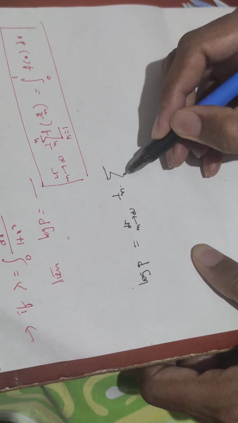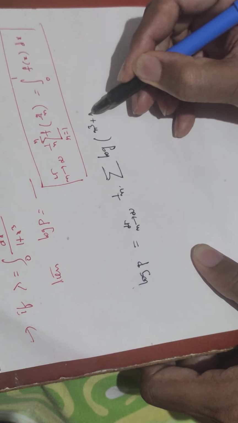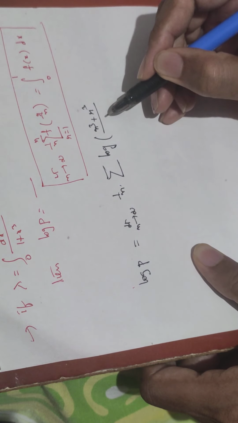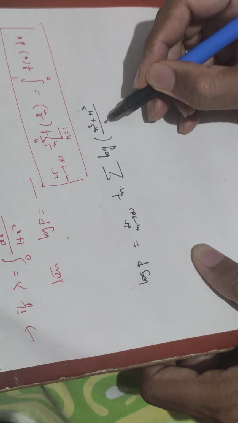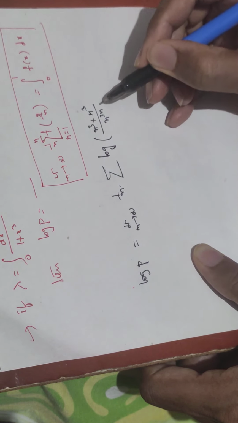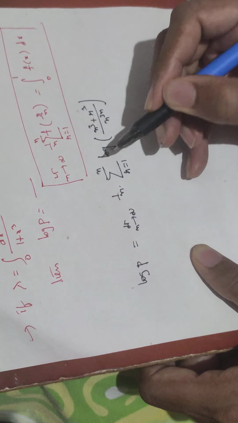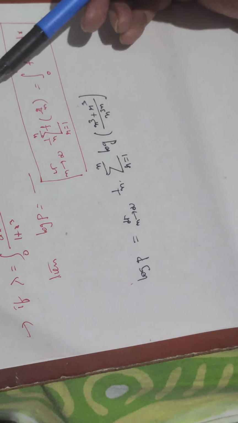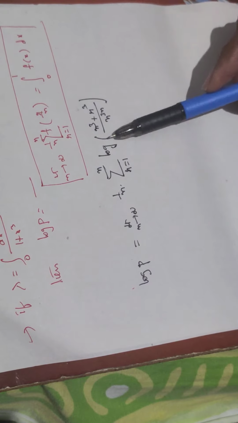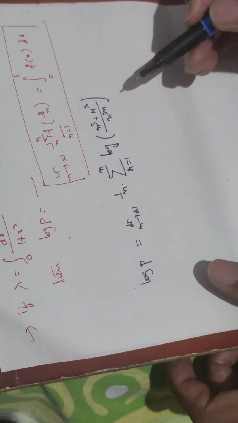Directly you can write sigma log of n cube plus r cube by n power 3n, where r is equal to 1 to n. So when applying the log, this product of the terms becomes a sum of log of the terms, log of n cube plus r cube by that one.